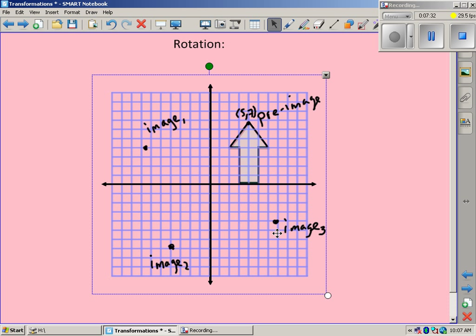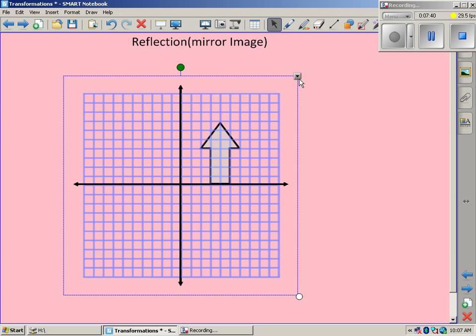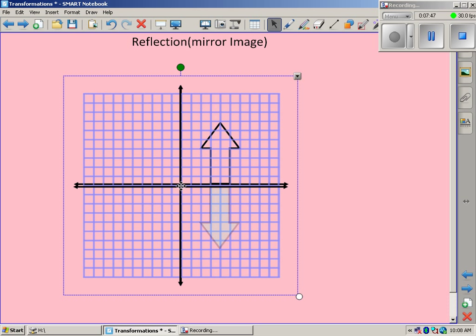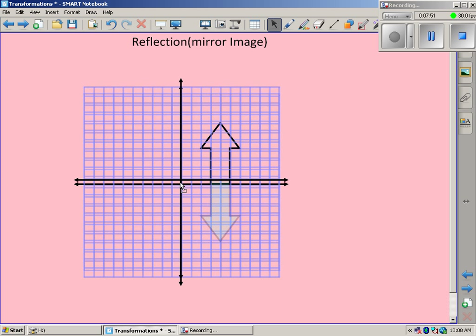Finally we have a reflection, which is what we consider a mirror image, and this can be reflected 2 different ways. Let's do a vertical flip first, so we're going to do up, down. You can see in this one that with my vertical reflection, the points switch.